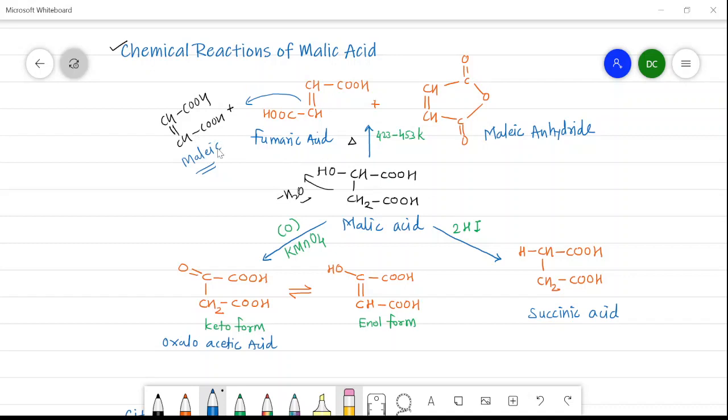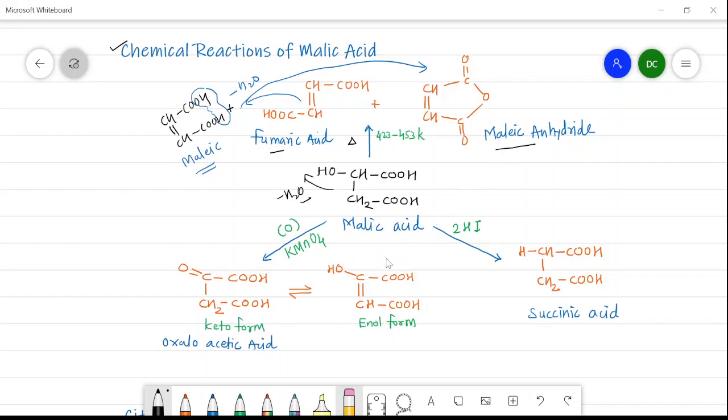Now this malic acid undergoes dehydration, that is minus H2O, and it will form malic anhydride. So we will write here the action of heat on malic acid gives fumaric acid as a product and malic anhydride as a product.